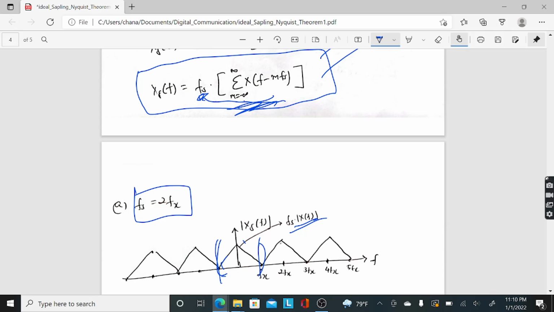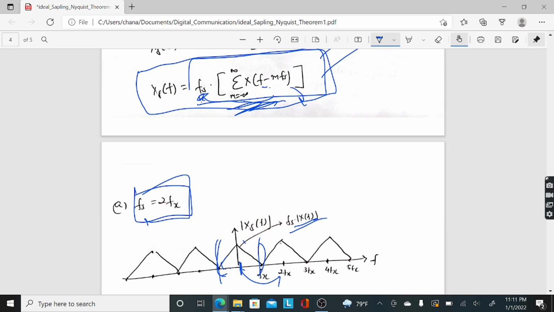Now when m equal to 1, if you see this expression, this would become fs into x of f minus fs. So we all know, again, as we saw yesterday, when the independent variable of a function is subtracted by a constant, the function shifts by that constant. So in this case, since it's f minus fs, this plot will shift to the right by fs, and since fs is 2fx, the plot will shift by 2fx.